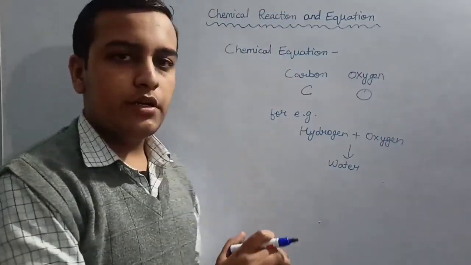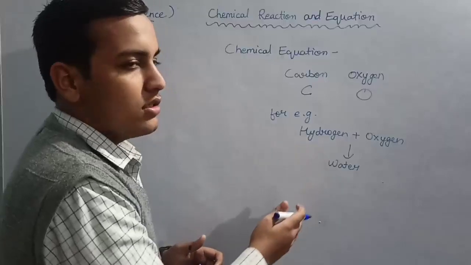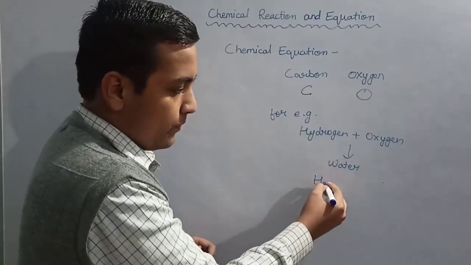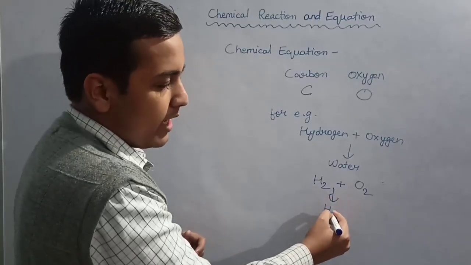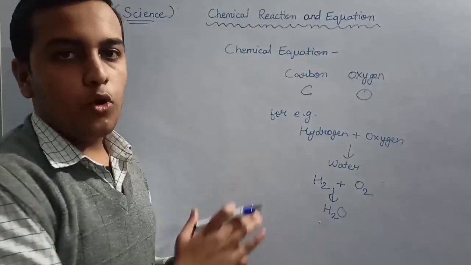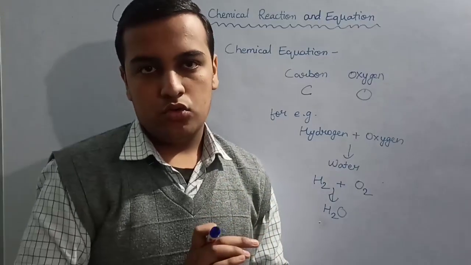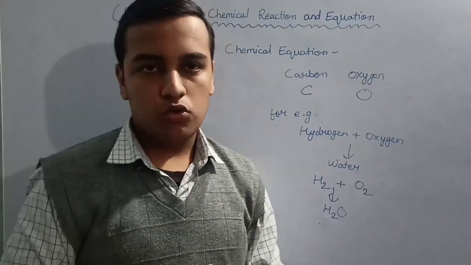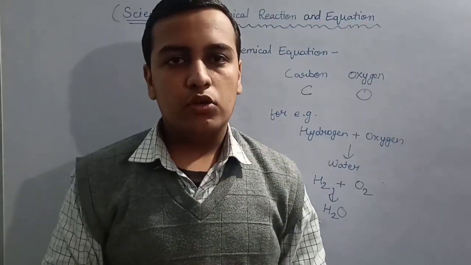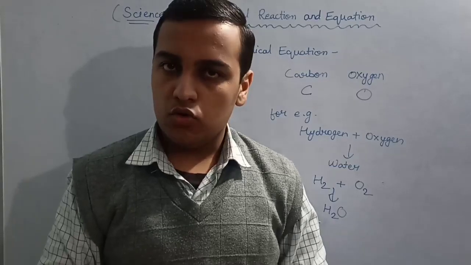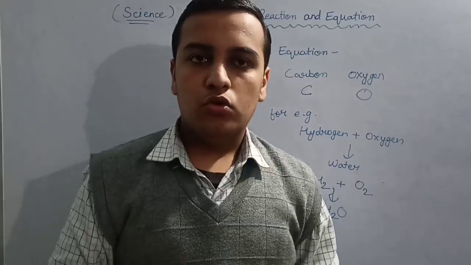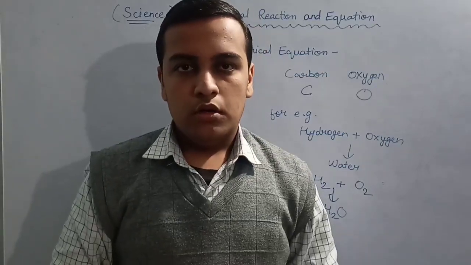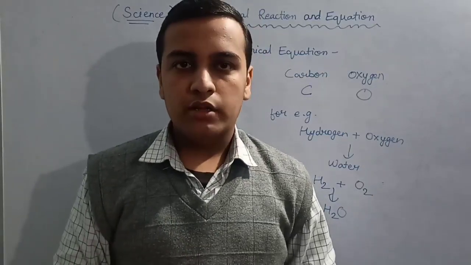It is represented in short form: hydrogen is represented by H2, oxygen is represented by O2, and water is represented by H2O. This whole process is known as a chemical equation. So you understand what a chemical equation is. A chemical equation is basically a qualitative method to represent the elements in terms of symbols or formulas. So thank you. Now we study this chapter in lecture 2.